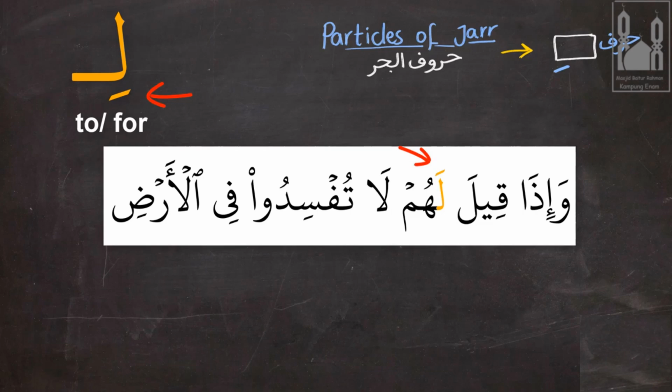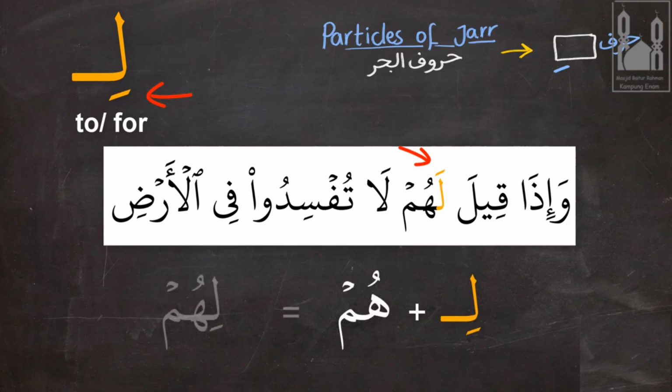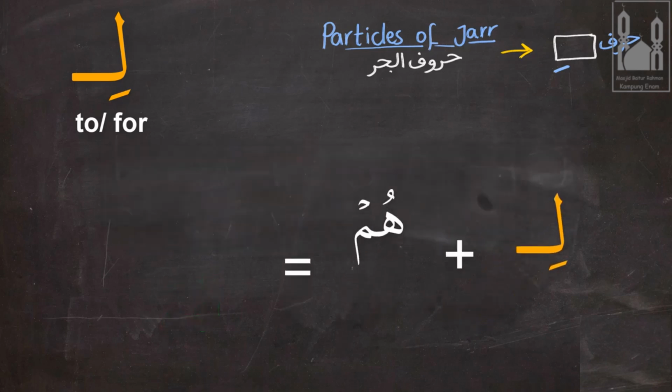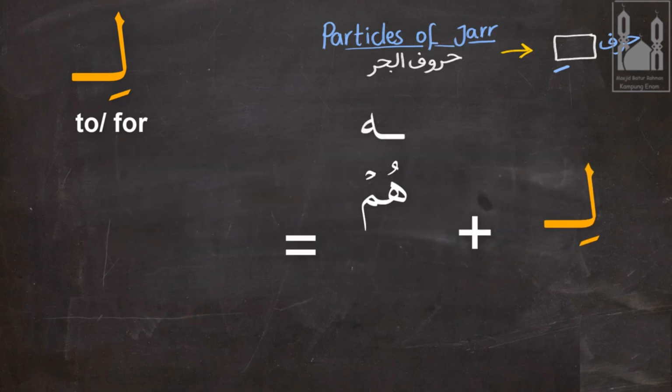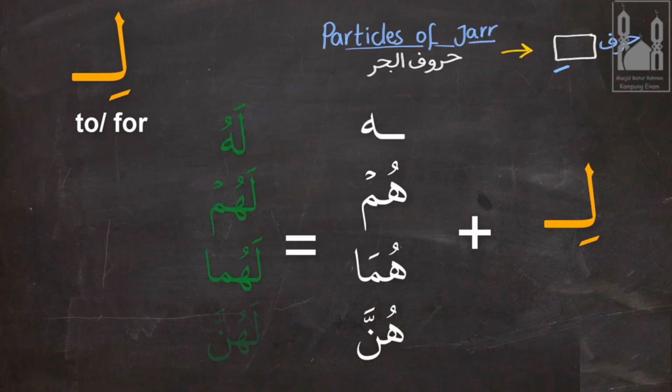So we say la, lahum. So when we add the pronoun hum, for example, we don't say lihum, but we say lahum, which is exactly what we saw in this example. That's why when we add this particle to different pronouns like he, hum, huma, hunna, the lam will always have fatha on top of it.